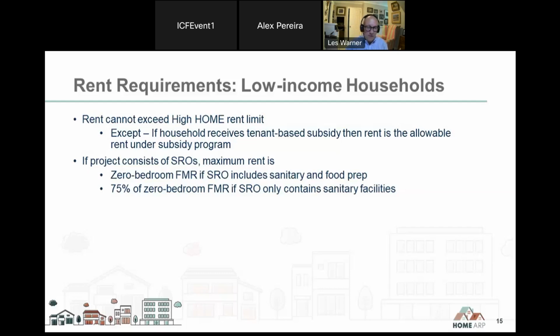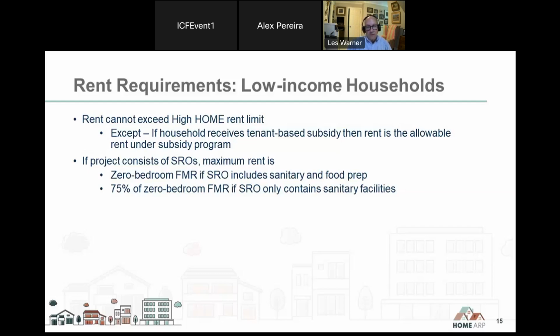This is the same as what Alex talked about earlier: if we've got a 0-bedroom unit that has both sanitary and food prep dedicated to that unit, then the 0-bedroom fair market rent is going to be the maximum rent for that unit.